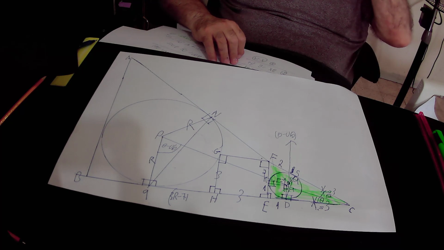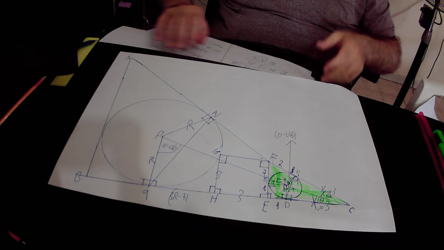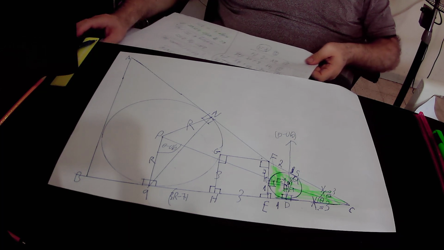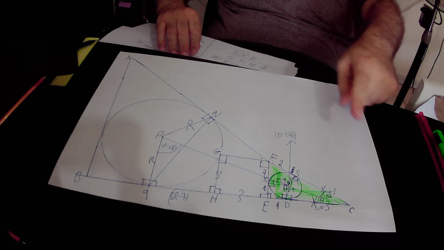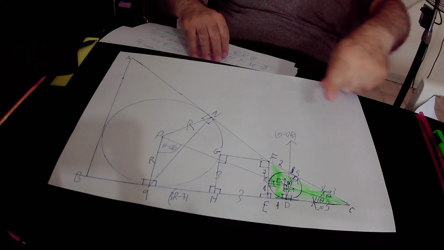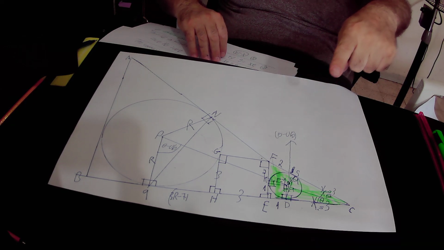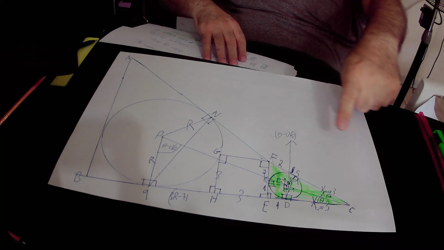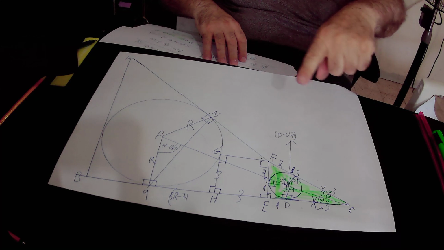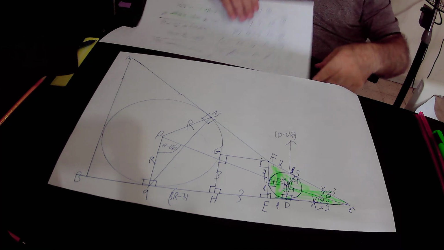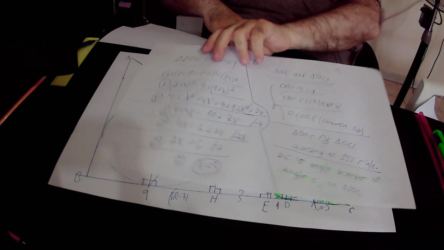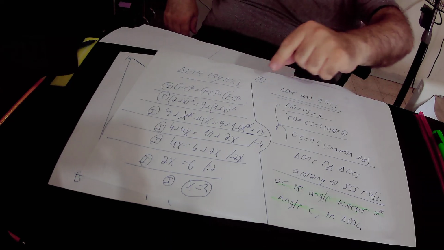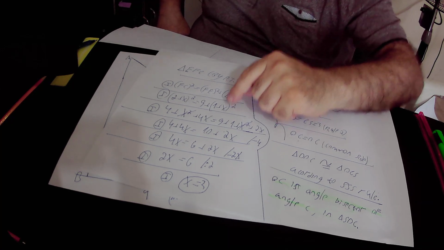According to the Pythagoras theorem, the square of the hypotenuse equals the sum of the squares of the perpendicular sides. Here the hypotenuse is FC, so FC square equals FE square plus EC square in the right-angled triangle FEC.